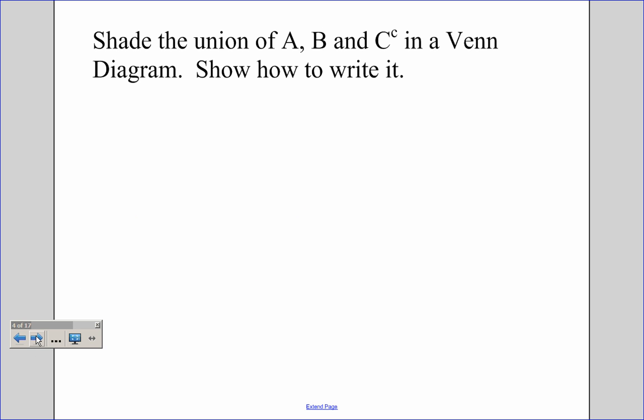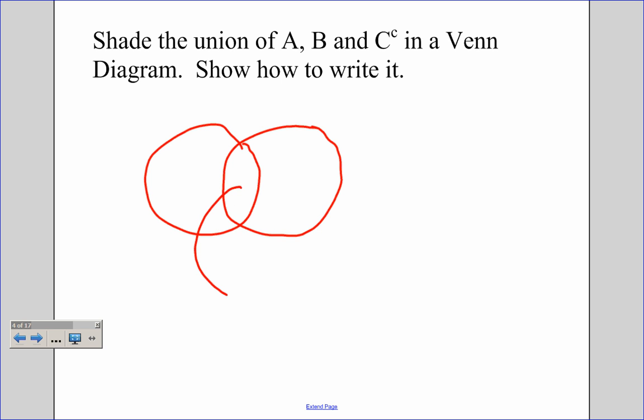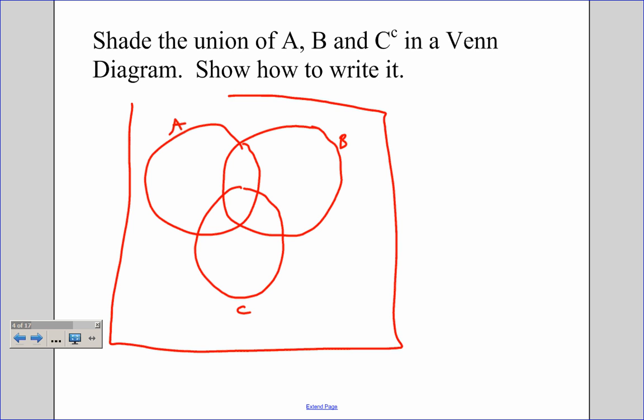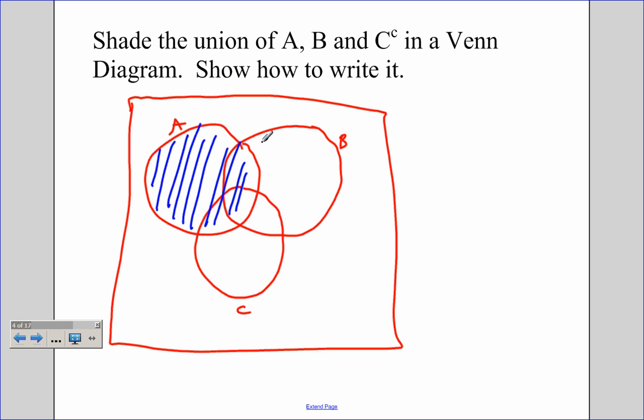If I shade the union of A, B, and C complement, I have A, I have B, and I have C here. So here's A, B, and C. I'll make a sample space. Everything in A is going to be colored in. Everything in B is also going to be colored in.